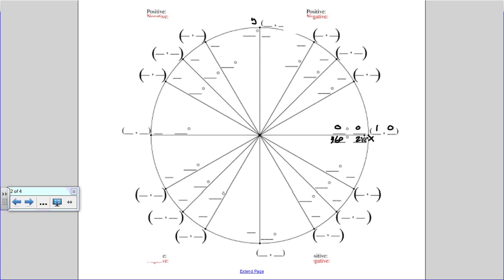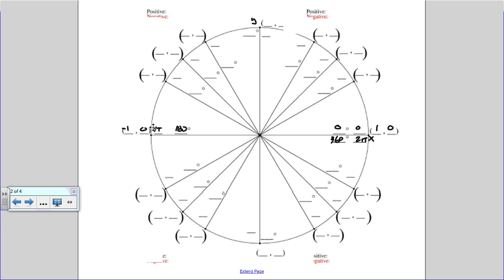So now, to get my other point, I'm going to go over here and say that this is the point (-1, 0). If I take 360 and divide that by 2, I get 180. If I take 2 pi and divide it by 2, I just get pi radians.